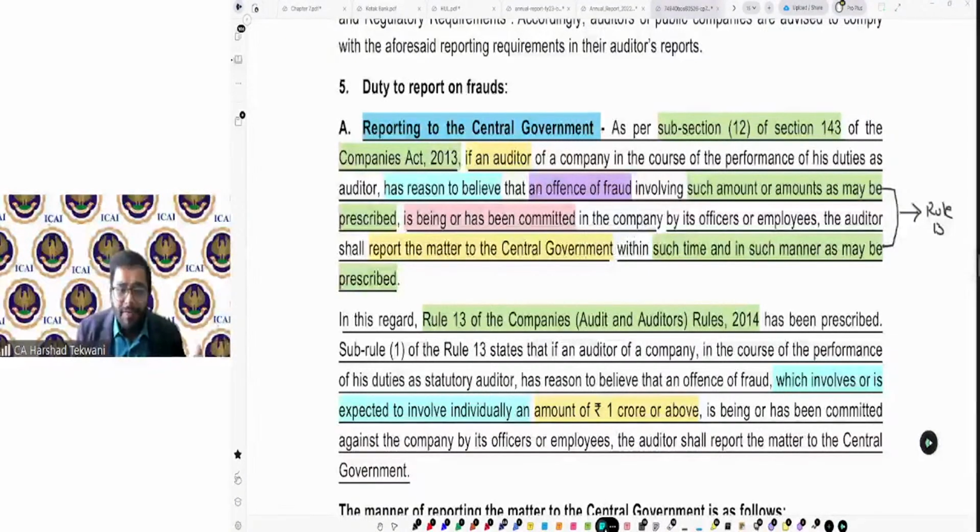That's why it says involves or expected to involve. If the estimation or the actual amount is 1 CR or above, individually, then that matter is required to be reported to the central government. So the amount is 1 CR or above, which includes the estimated amount also.